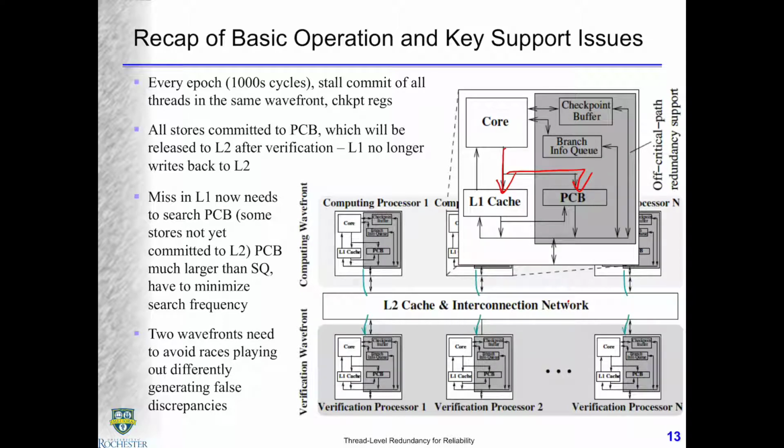Now, all the writes are buffered in PCB. But if you have a dirty copy, dirty data in L1, remember what you do? If it's evicted, you cannot write it back. Why? Because we don't know if it's correct. We don't know if it's verified.